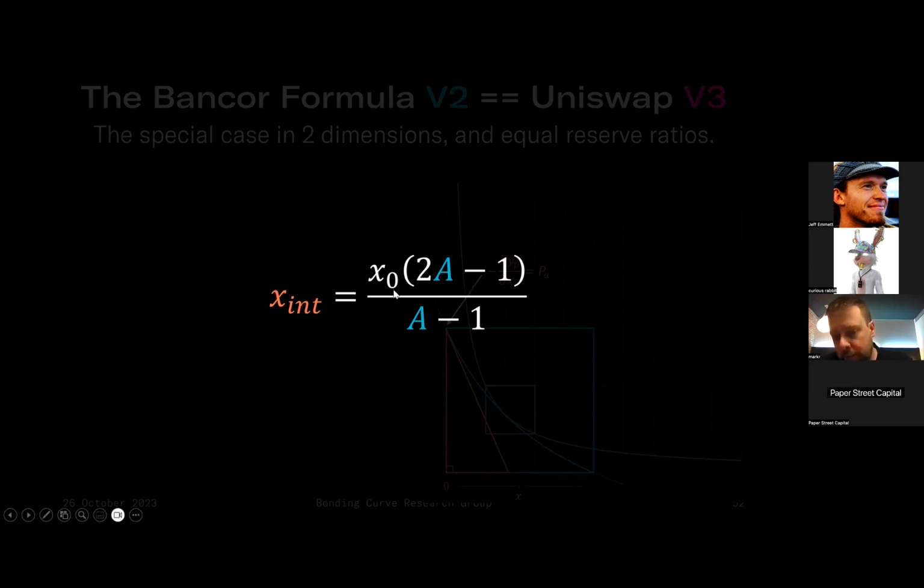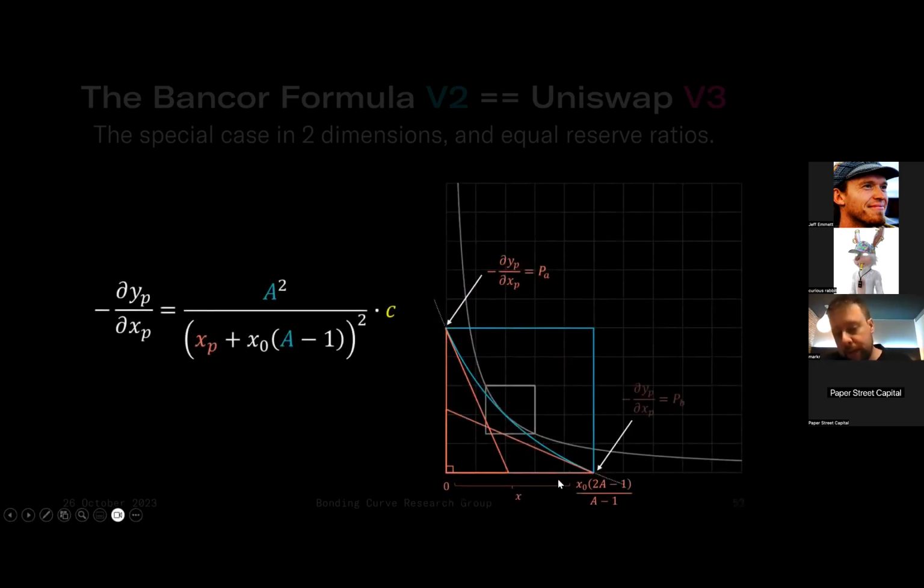So if, at the time that you determine what your bonding curve is going to be, when you're giving it these parameters, the x0 coordinate and the amplification coefficient, you already know what the x-intercept is, meaning you know that if you run out of y liquidity, what the x liquidity is going to be left inside this curve.